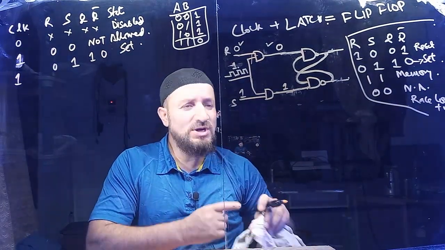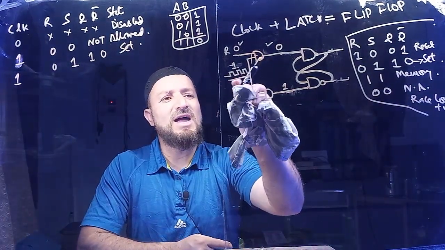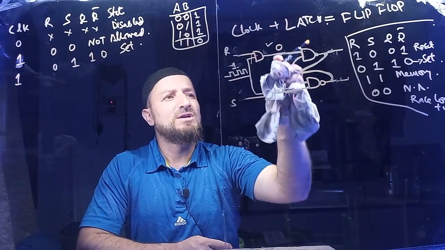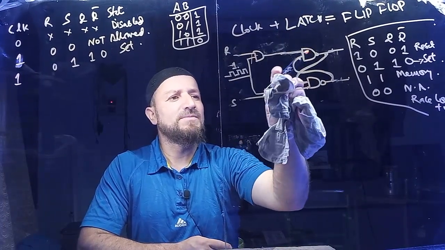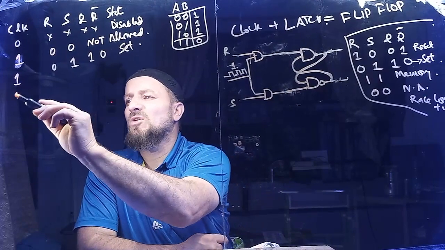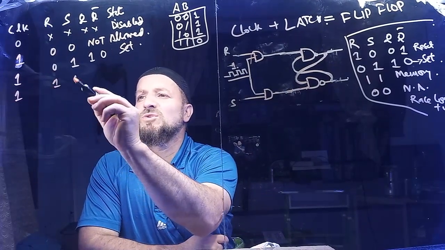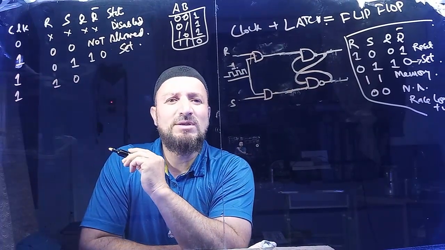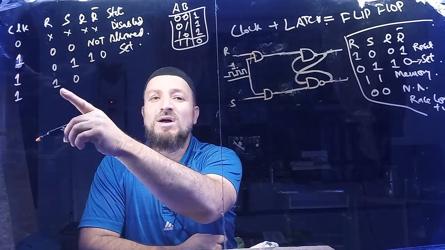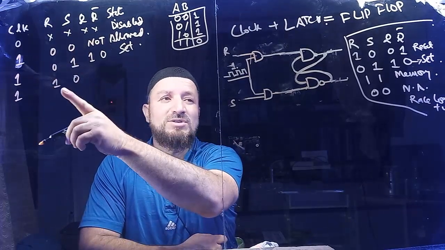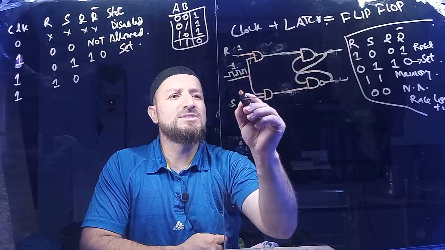Now if I don't have the 0, 1 state, I have a 1, 0 state. So what's going to happen? If I have a clock 1 and a 1, 0 state, 1, 0 means R is 1, and we know R is reset. So it's a 1 and this is 0.